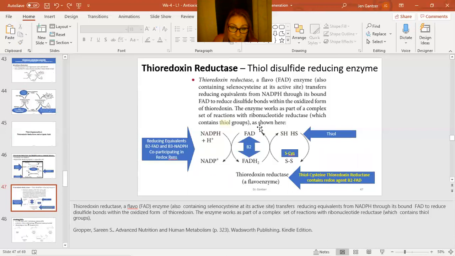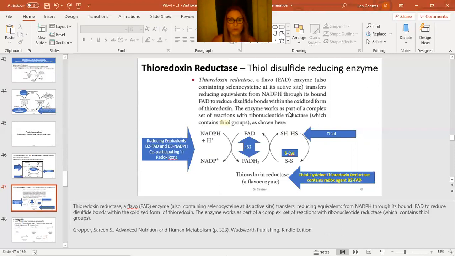And as you can see, the oxidized FAD, as we've already learned, is interacting with the reduced B3, and this is a common reaction. FAD is going to then participate in the regenerating and recycling of the thiol. So as FAD does its job, it's then depending on NADPH as its reducing agent to come and recycle it.